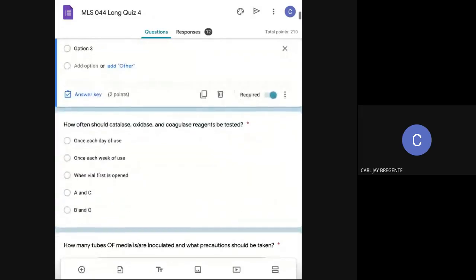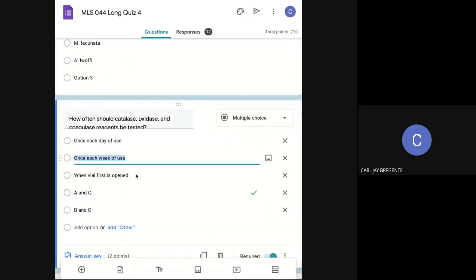How often should catalase, oxidase, and coagulase reagents be tested? The correct answer for this one is A and C: one each day of use and when the vial is first opened.